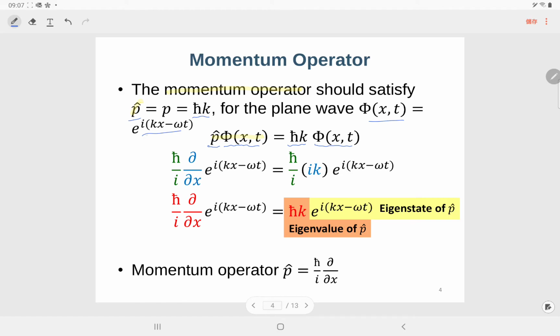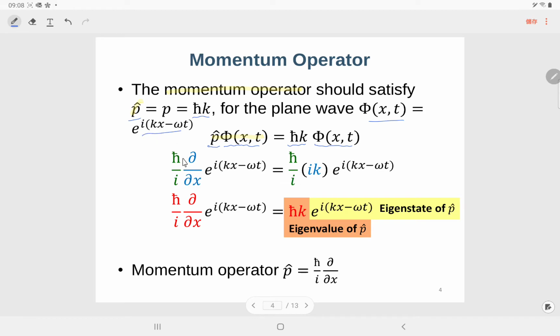So when we observe this plane wave, we have exponential i(kx minus omega t). We hope it outputs something like k. So we may consider taking the partial derivative with respect to x rather than t, because if we take the partial derivative with respect to t, we will output minus i omega rather than ik.